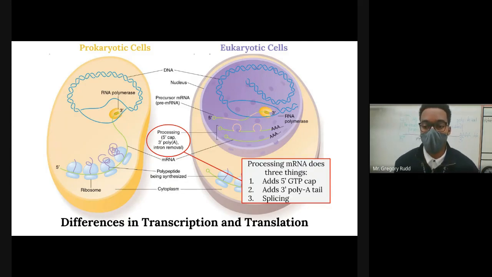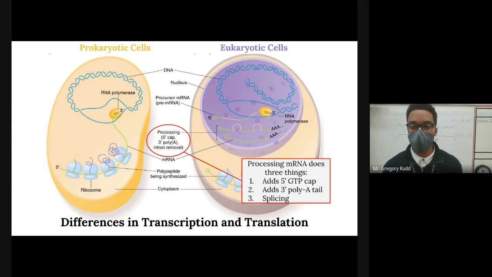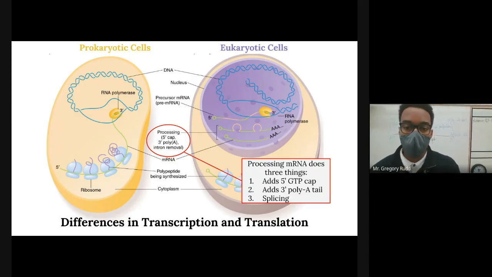Okay, so yes, Selena. We add this poly A tail. The poly A tail is there for protection because, as you can see in this image, the RNA has to travel from the nucleus through the cytoplasm until it can get to a ribosome. Doing that exposes it to different enzymes.